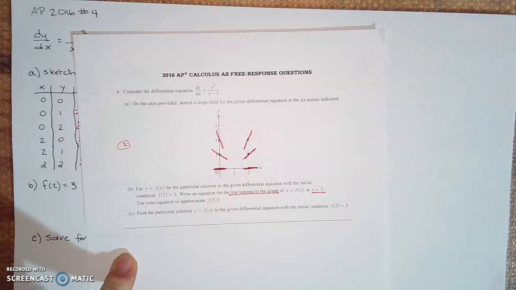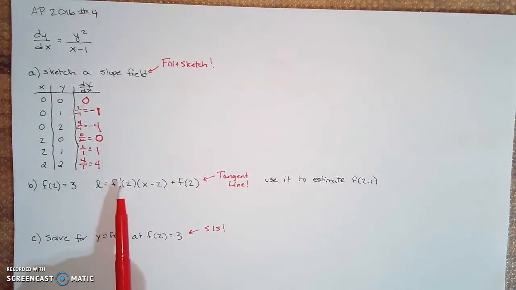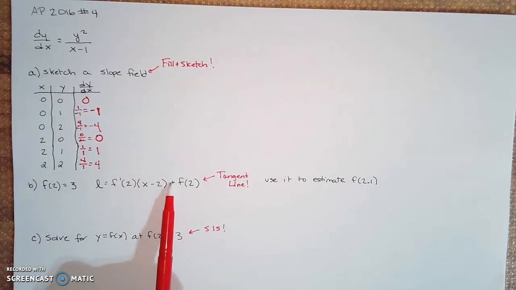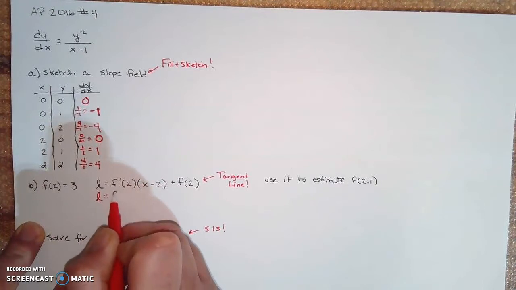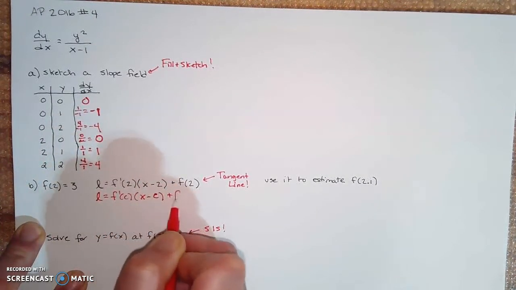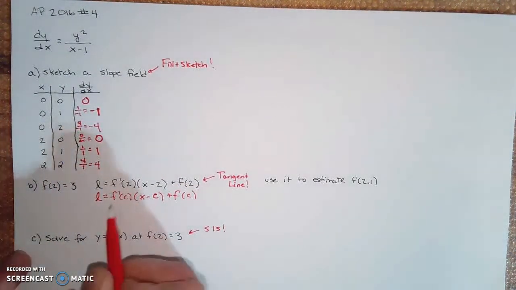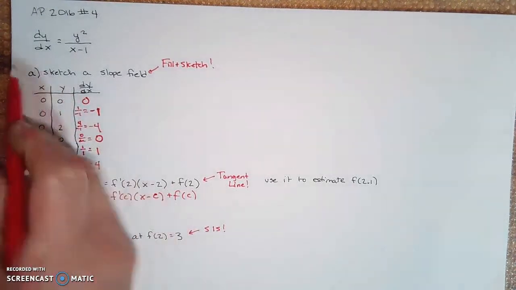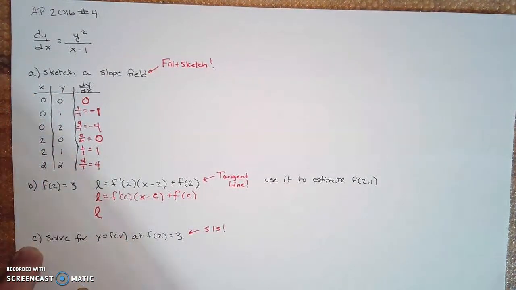I'm going to fill it into my tangent line information. I've already filled the numbers in there. I'll write the generic equation so you can have it: f'(c)(x minus c) plus f(c). All I have to do is find those particular values.